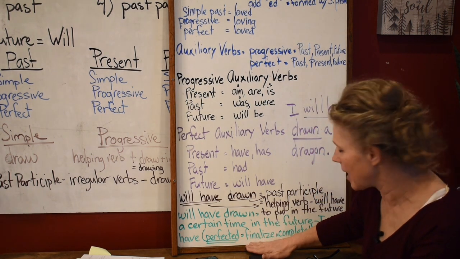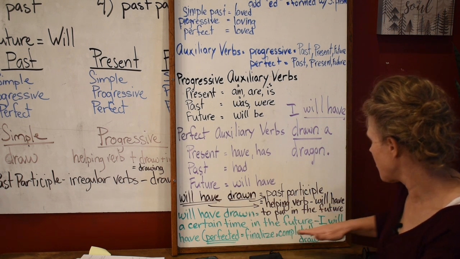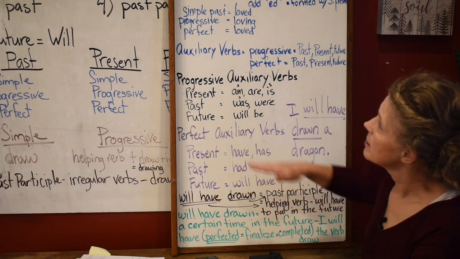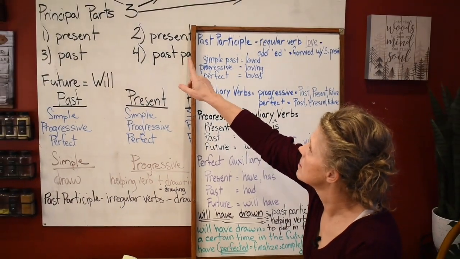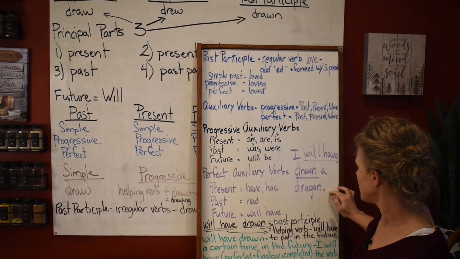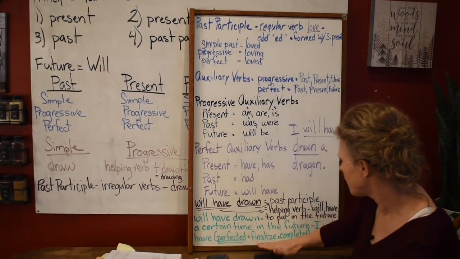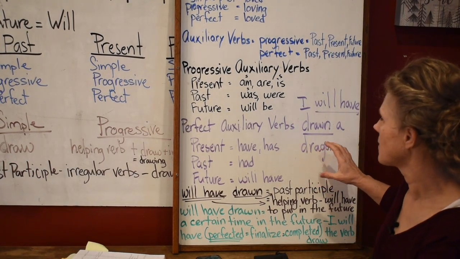Perfected means finalized, completed. You will have perfected the simple tense of the verb draw. You're finalizing it. I will have drawn a dragon. A certain time in the future, you will have perfected, finalized, completed the verb draw.